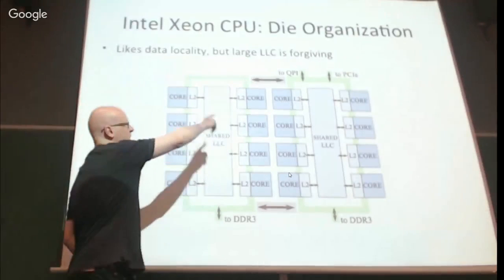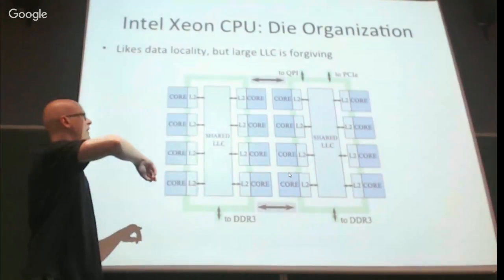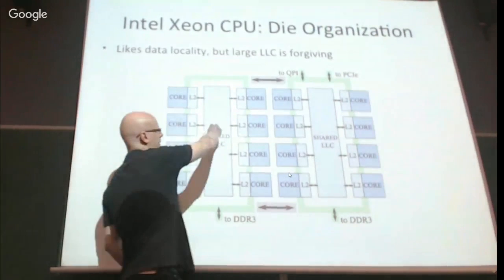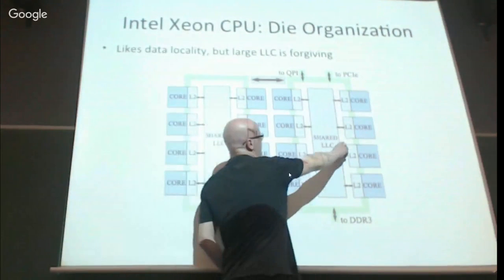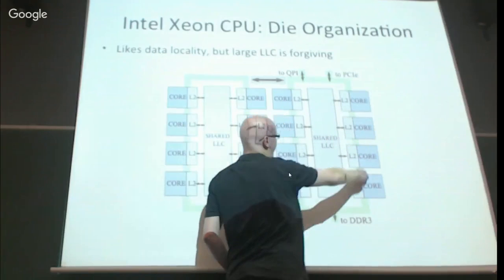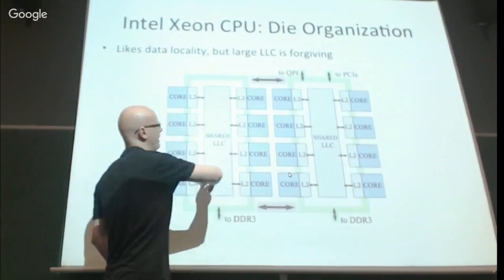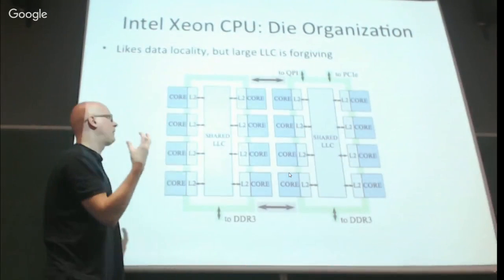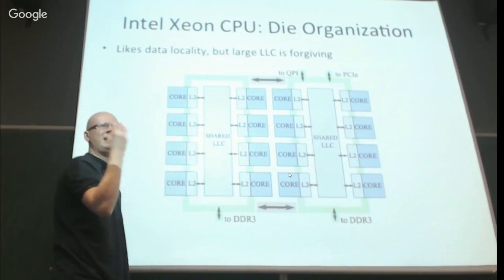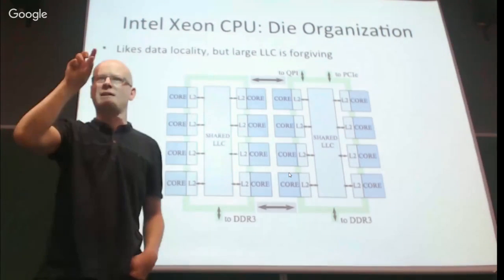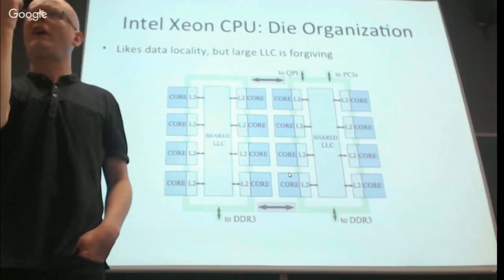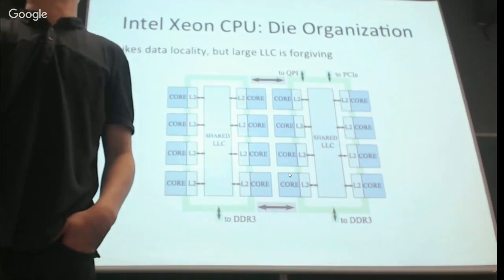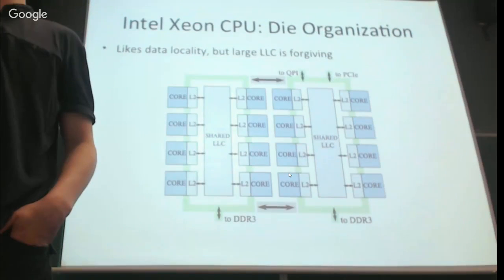Because it's a shared L3, okay? So you see this here is your shared L3, and you can see it's shared amongst all the cores by a ring interconnect, okay? So these L3s, if you look at the hardware, they're actually divided up, but they're so tightly coupled that they're effectively a shared last level cache.